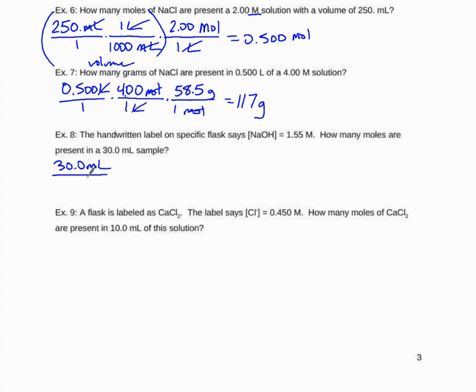Here's our volume. It needs to be converted to liters so that we can use it with our molarity, dividing by 1,000. All of this together is our volume step.